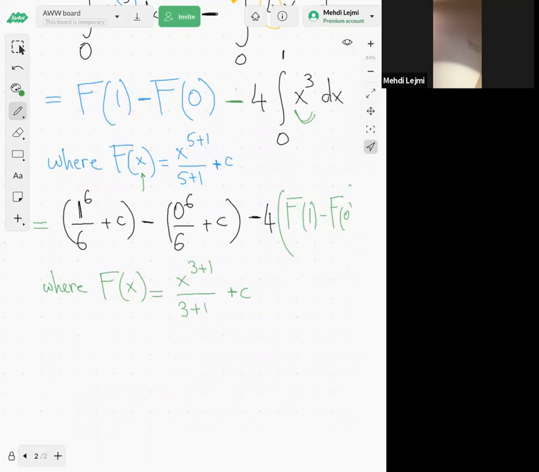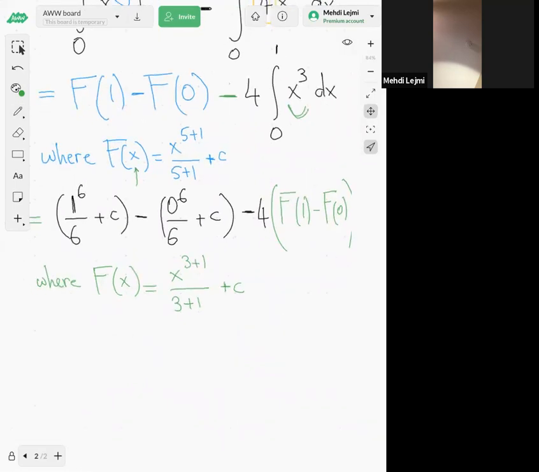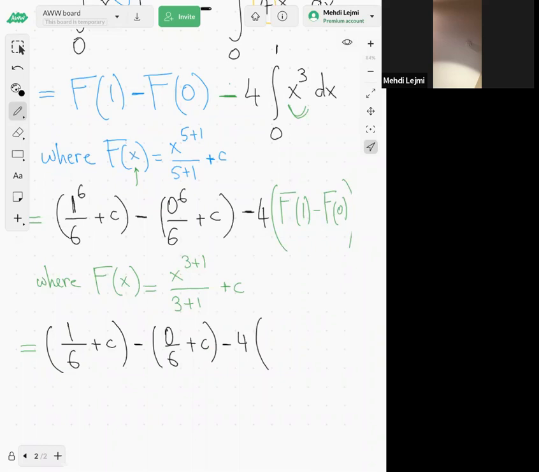Right, so then we're going to have 1 to the power 6, which is 1 over 6 plus this constant, minus 0 over 6 plus this constant c, minus 4. And now I'm going to plug 1 here.